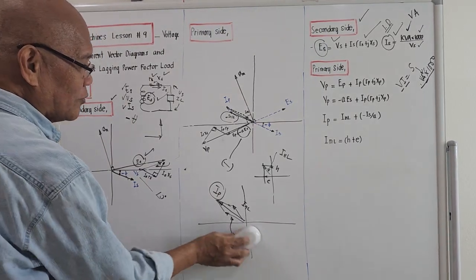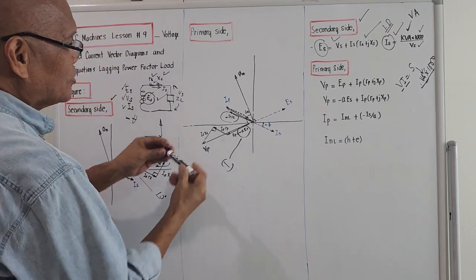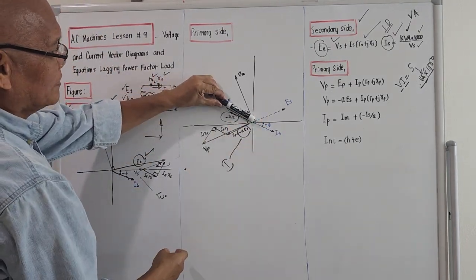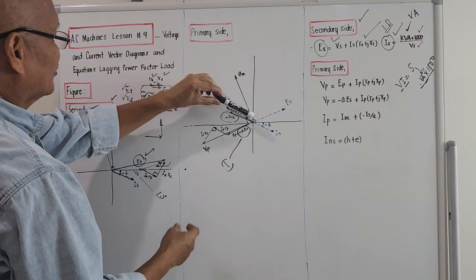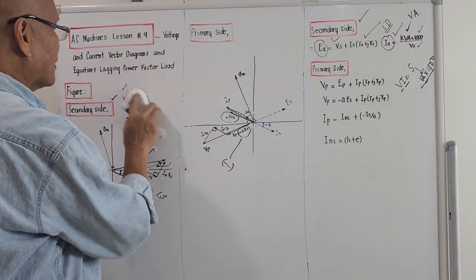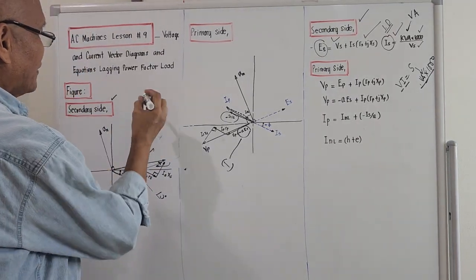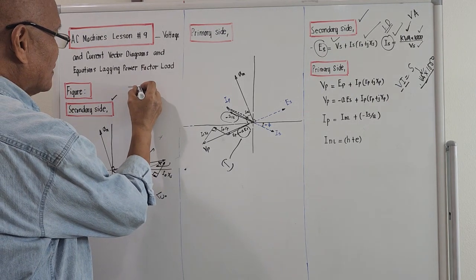I'll try to remove this one now. So this is now the total primary current. So to take the voltage drop on the primary side, it is like this.